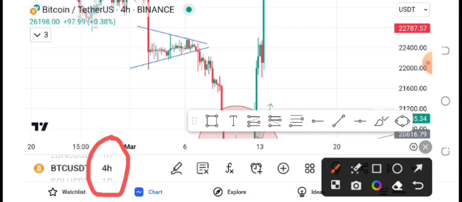Manipulation can happen in the 15-minute, 1-minute, 2-minute, up to the 30-minute and 1-hour time frames. But on the 4-hour time frame, when you see the confirmation, it is hardly ever that the analysis goes against you.